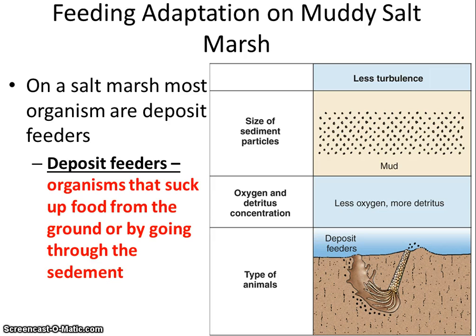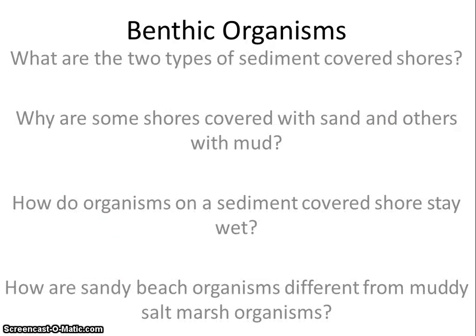Most of your food on a muddy salt marsh has settled on the ocean bottom, so organisms are going to go there to eat. These organisms are called deposit feeders, organisms that eat food that's deposited on the ocean bottom. They aren't, like sandy beach organisms, suspension feeders, organisms that eat food that's suspended in the water itself, not settled on the ocean bottom.